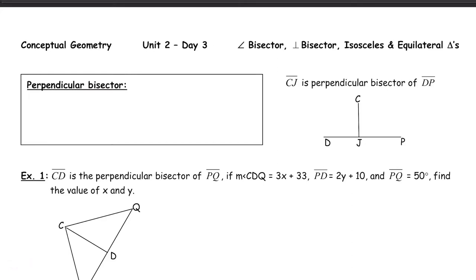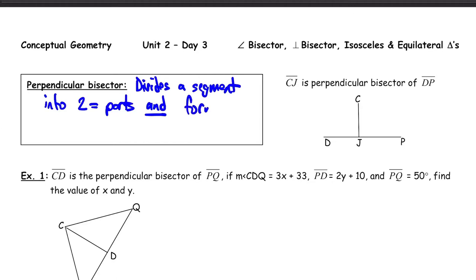A perpendicular bisector divides a segment into two equal parts and forms 90-degree angles.